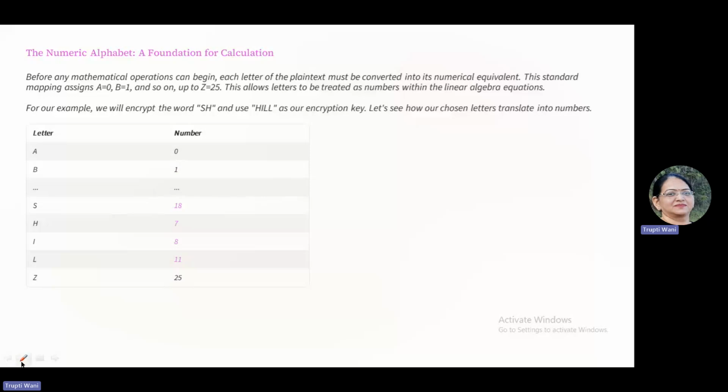Now, for example, our plain text is "show message". This is our plain text, and the key is given as "hill". So key K is HILL.